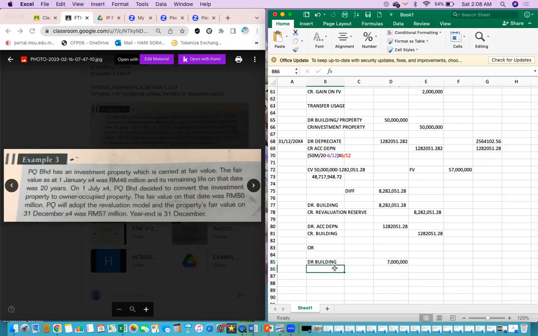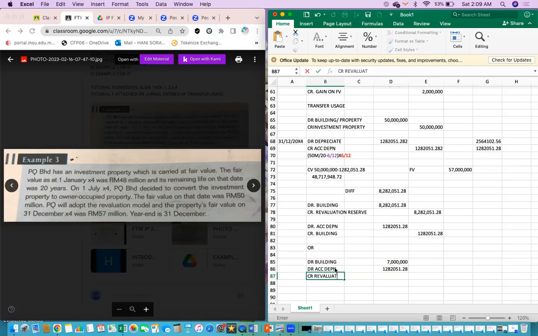Okay, and then you will debit accumulated depreciation because this asset has been revalued. So we are going to start new. The method that we are going to use is where the accumulated depreciation will be removed totally. So the amount should be based on this one. What about the revaluation reserve?